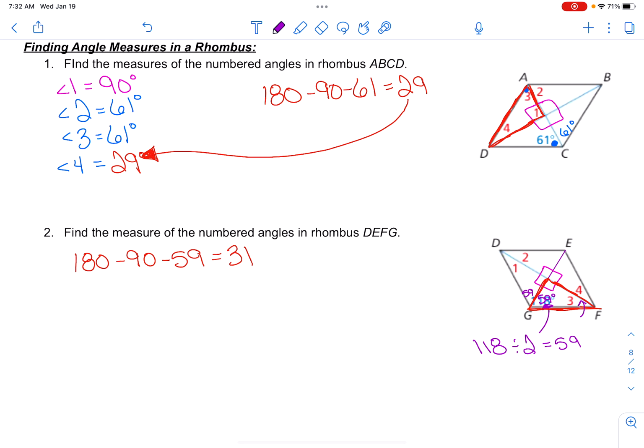So that tells us this angle is 31. Remember, those diagonals bisect our angles. So that means 4 is also 31. And then also remember that opposite angles are congruent. So that also tells us that 2 is 31 and 1 is 31. So every single one of these angles has a measure of 31 degrees.